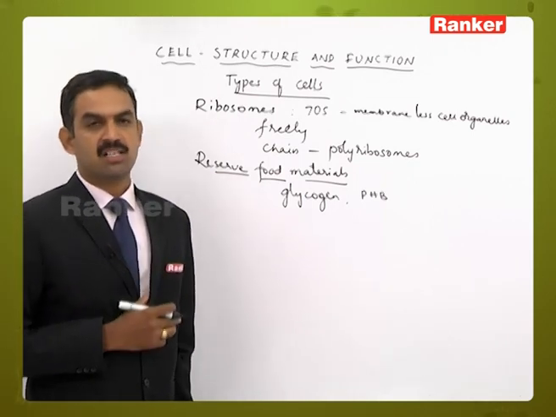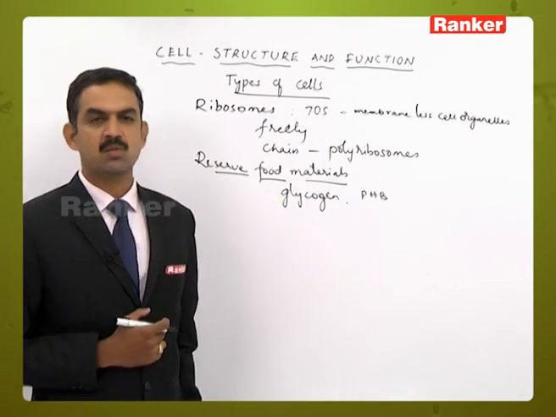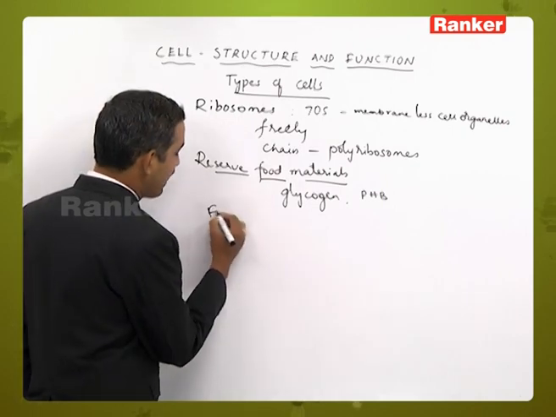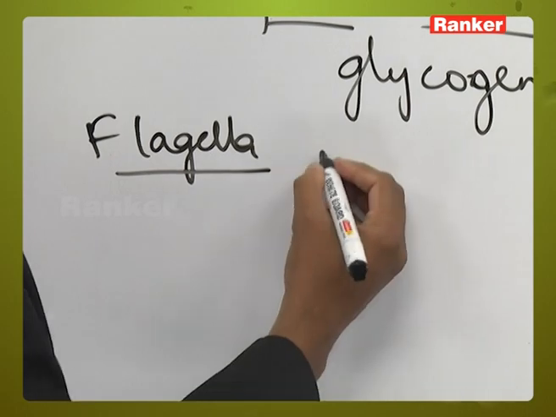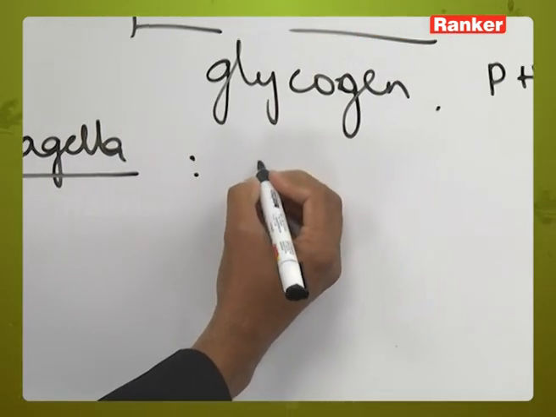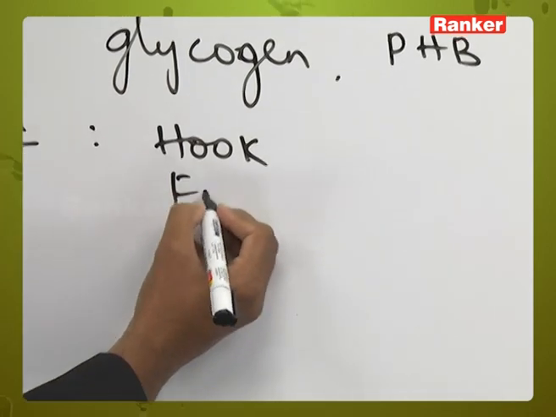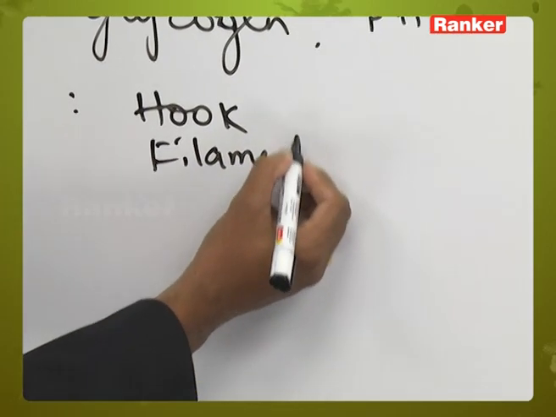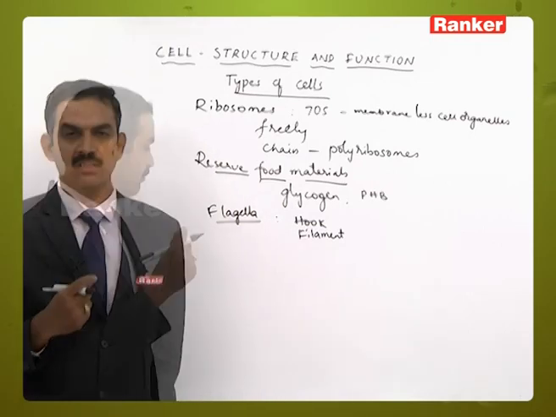And some of the bacteria are motile in nature. When they are motile, they have specialized structures called flagella, which are concerned with locomotion. Each flagellum contains a basal body, a hook-like structure, and the filament. The basal body is present on the inner side of the bacterial cell.